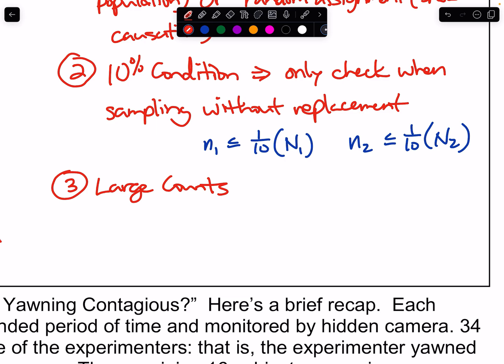So we need sample size 1 times p hat combined, which I'll define in just a second, has to be greater than or equal to 10. And n1 times 1 minus p hat combined also has to be greater than or equal to 10.